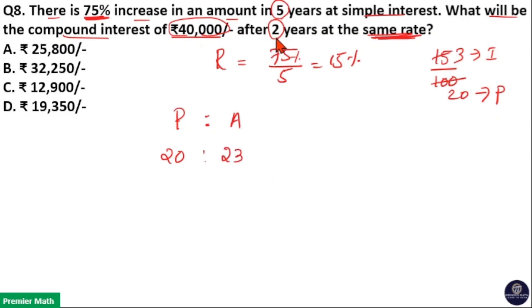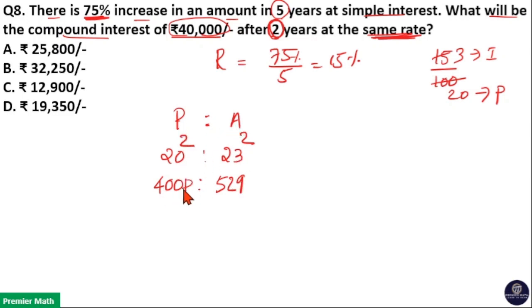Now we need to calculate compound interest for 2 years. So take the square of 20 unit and 23 unit. Now here 20 square is equal to 400 and 23 square is equal to 3 square is 9, 2 into 3 into 2 is 12, remaining 1, 2 square plus 1, 5. So here 400 is to 529 is the principal and amount for 2 years.